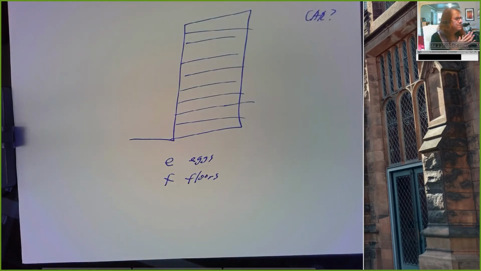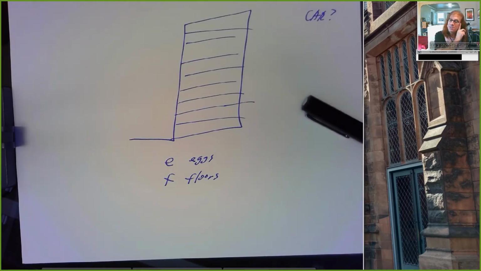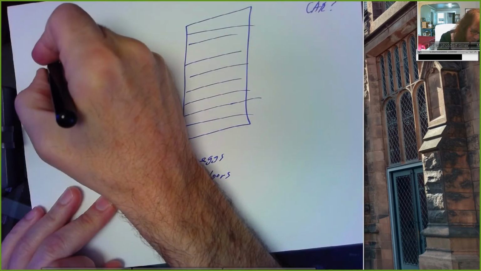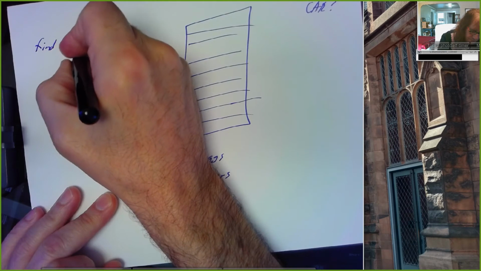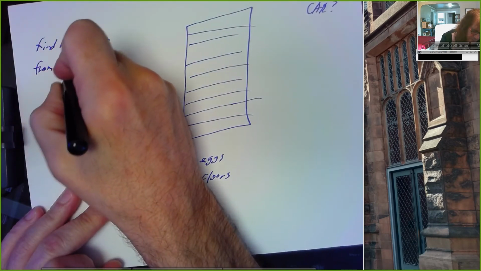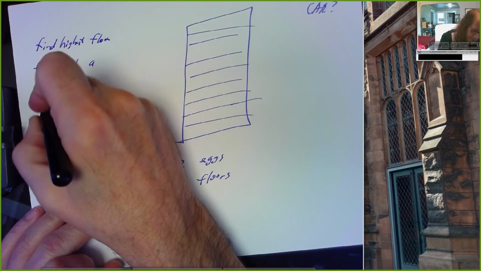Our goal is to discover what the highest floor is that we can drop an egg from without it breaking. So we want to find the highest floor from which a dropped egg will survive.